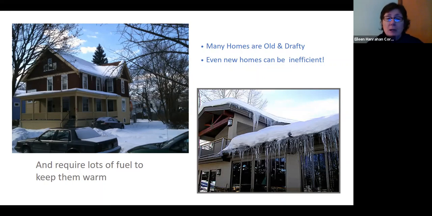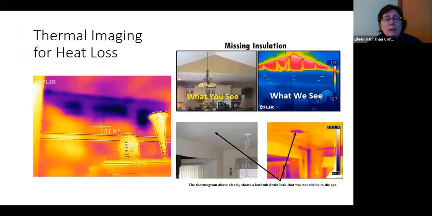Icicles are a very prominent indication of energy inefficiency in a home, indicating that heat is rising out of the living space into the attic, melting snow, and then causing those icicles. So if you have icicles, it's a pretty good telltale sign that you probably need some more insulation in your home.